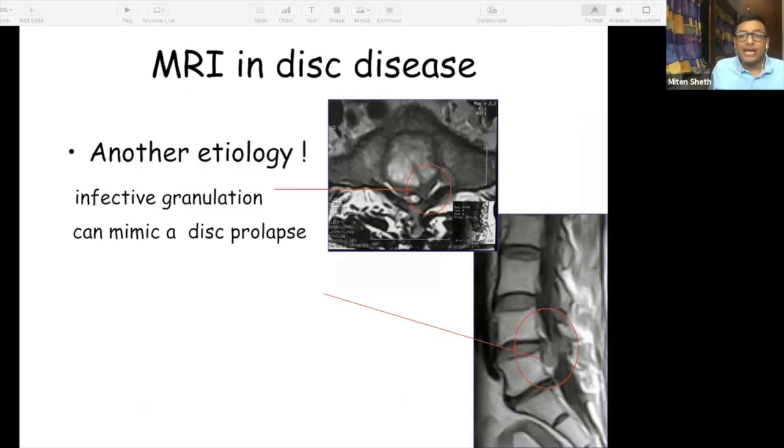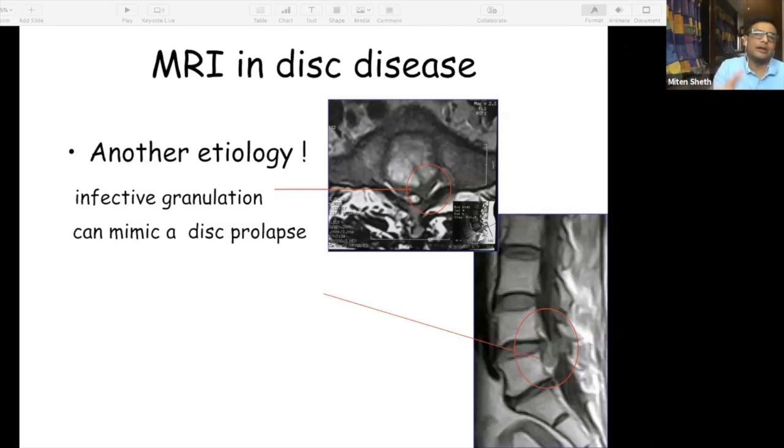Sometimes an infection will appear to be similar to a disc on a T2 weighted image, which means you will see that something has come out. That is where your T1 weighted image is going to help you. Remember I told you water is going to look black on T1.